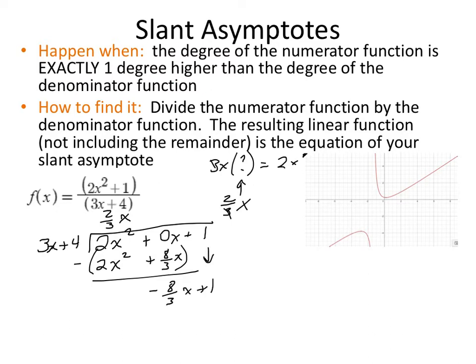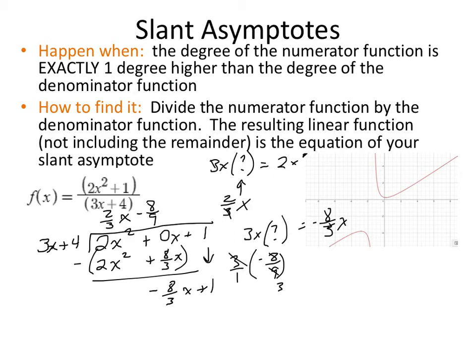plus 1. Now 3x times what is negative 8/3 x? I'm going to have to multiply this by negative 8/9, because multiplying that by 3 will cancel out, and I'll still have negative 8/3 x, so minus 8/9.